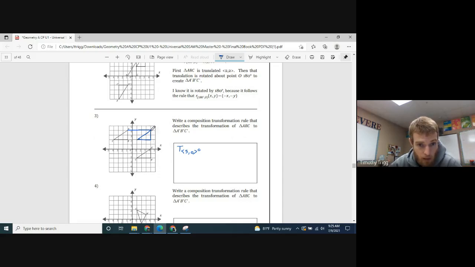How much down is that? 1, 2, 3, 4. So it was translated 4 down. How do I show a translation of 4 down? 0 left and right, that'd be 0, and then down 4. Then we say triangle ABC. So we do those two things to triangle ABC, and we get triangle A prime, B prime, C prime.